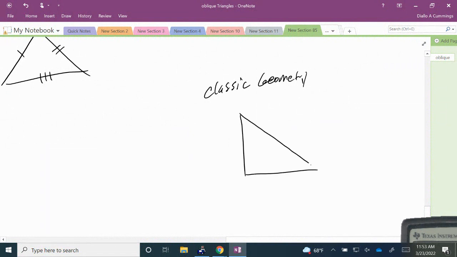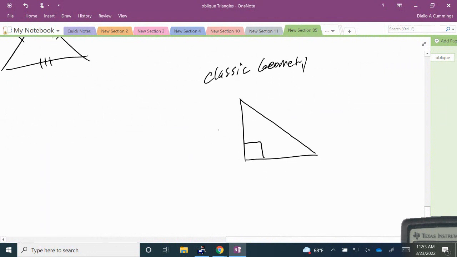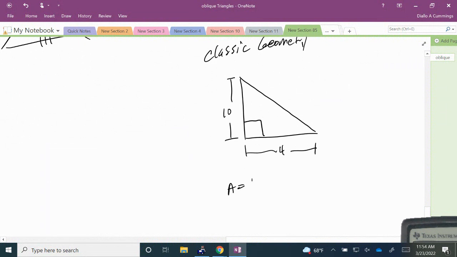All right, so let's just say we have this triangle. So we're going to say that the height is 10. The base is, let's say, 4. So we have the area is 1/2 the base times the height.